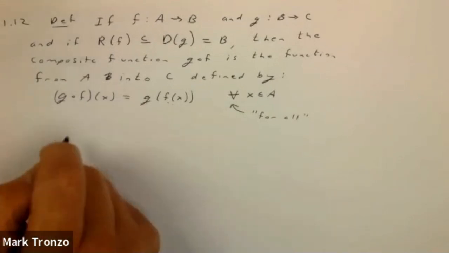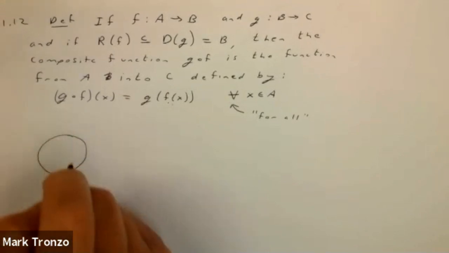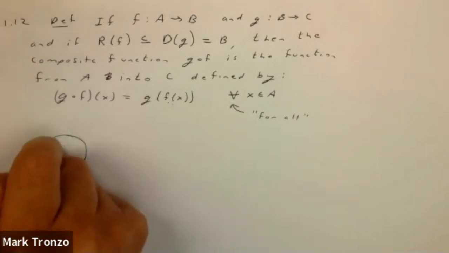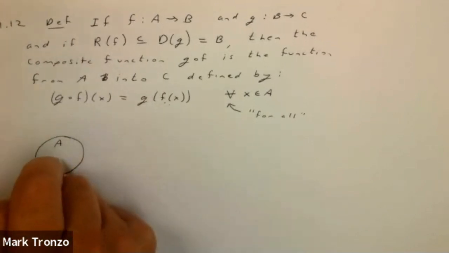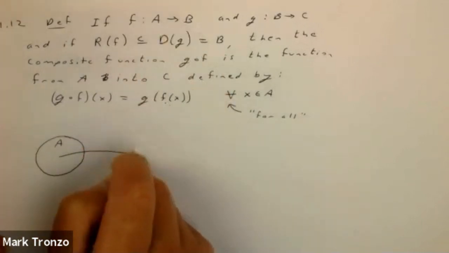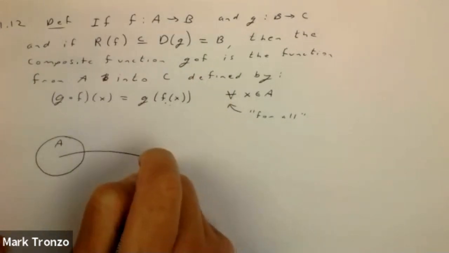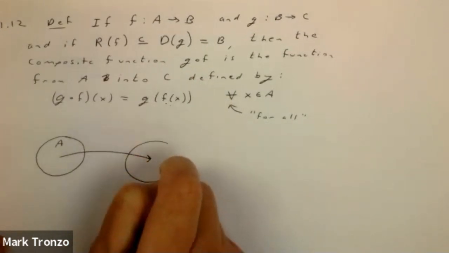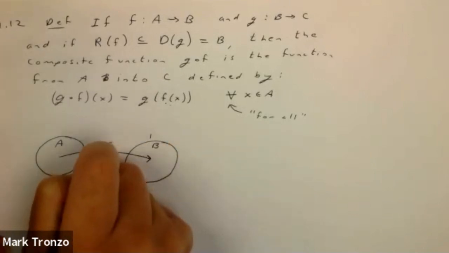So we have a function f, and let's say this is a set A. We're going to go from our set, it says this set goes from A to B. And so this is our set B, so the function f.